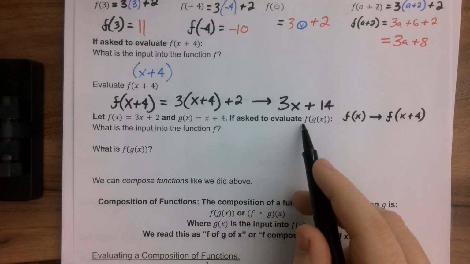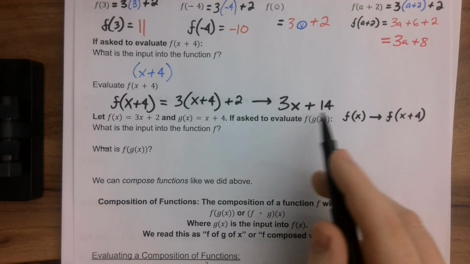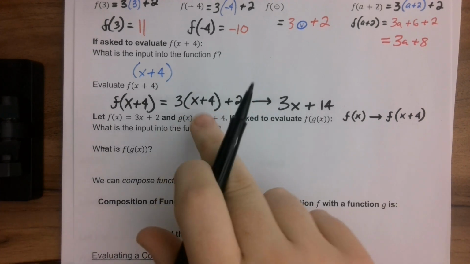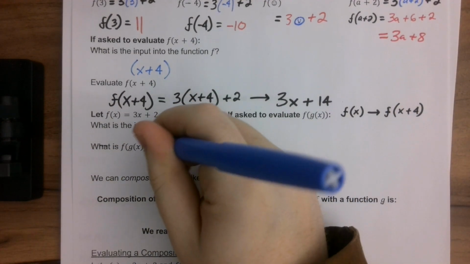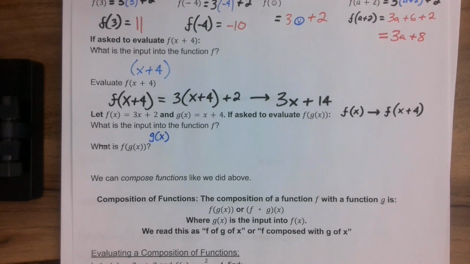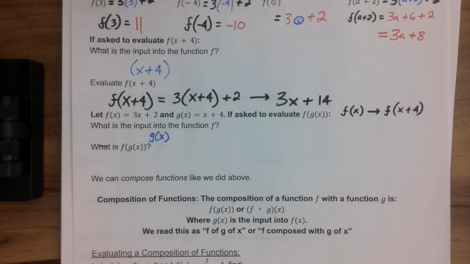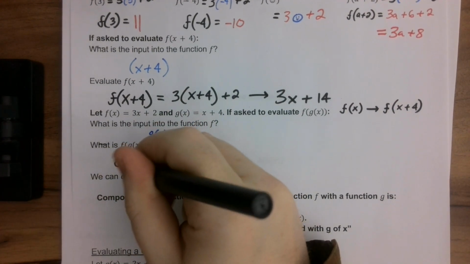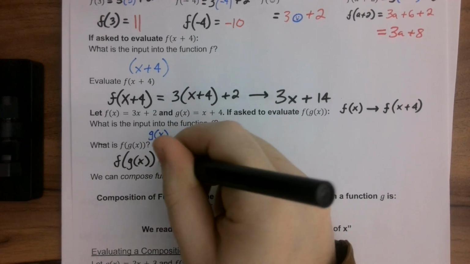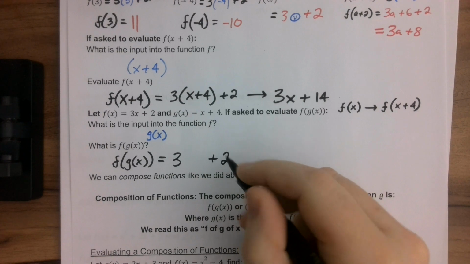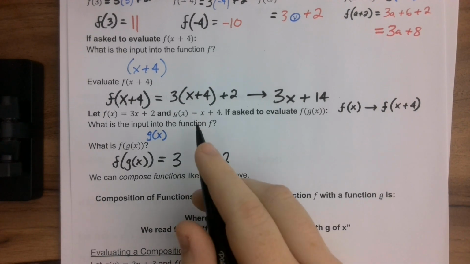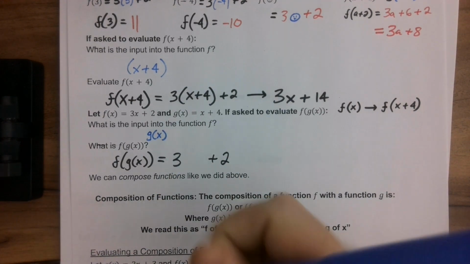When you see something that says f of g of x, replace your x's with the entire function g of x. So in this case, our input is g of x. F of g of x is the same as if we took f of x, but replaced the x with whatever g of x is supposed to equal.